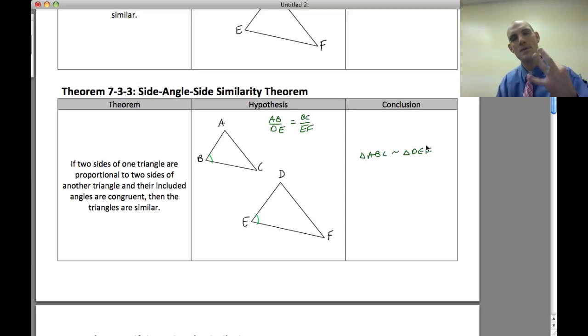Once again, three pieces of information: the side, the angle, and the side. We're talking about similarity, so it's important to remember that this is not about congruence. It's about proportional sides and congruent angles.